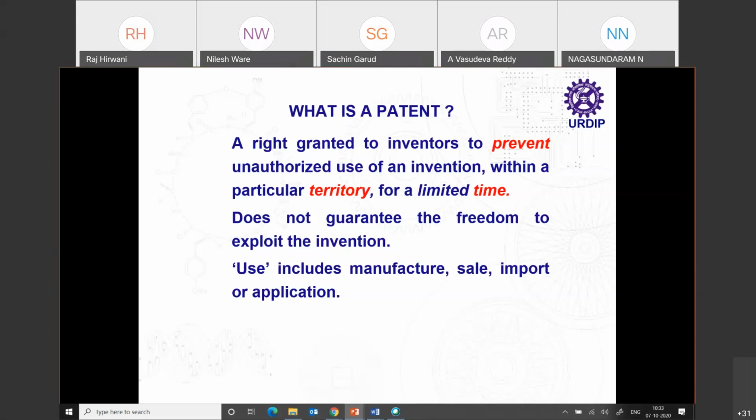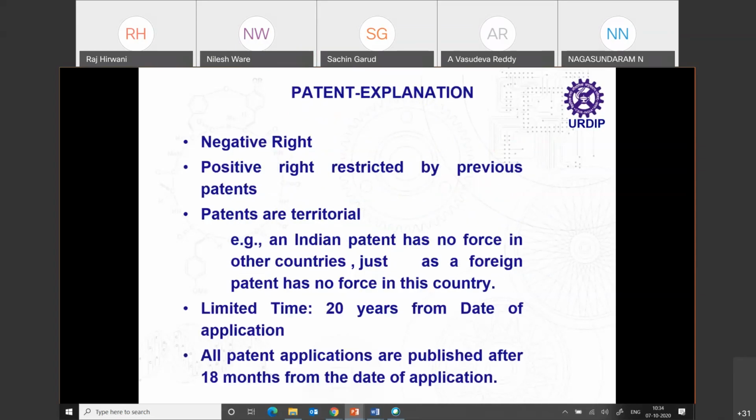It is not a positive right because it's only saying you can stop others. Now your positive right gets restricted by previous patents.